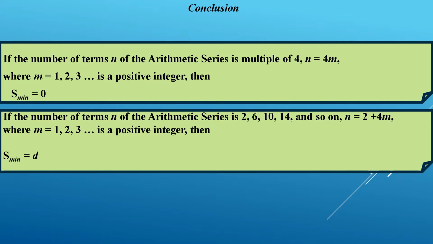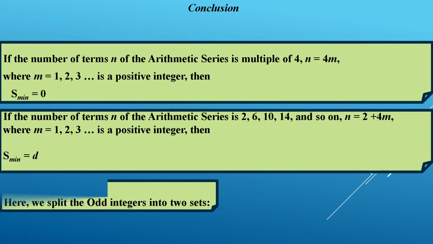The second conclusion: if the number of terms of the arithmetic series is 2, 6, 10, 14, and so on, in which the general expression is n equals 2 plus 4m, where m equals 1, 2, 3, and so on, then the minimum sum is equal to d, the common difference, regardless again of the size of the data, or the initial or first term.